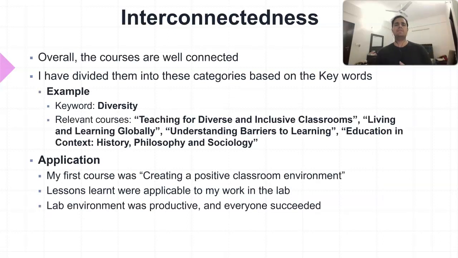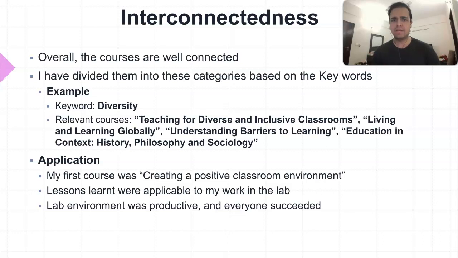And overall, in terms of the interconnectedness of the courses, I believe the courses at University of the People are very well connected. One thing that I have done is divide them based on some keywords that occur in different courses. So for example, the word diversity or inclusion: there are 4 separate courses which had units that covered the topic of diversity.